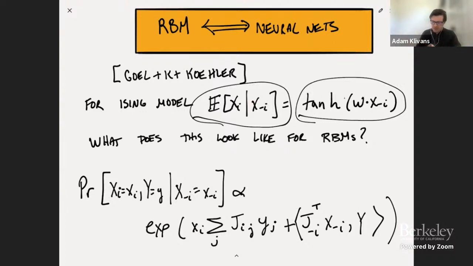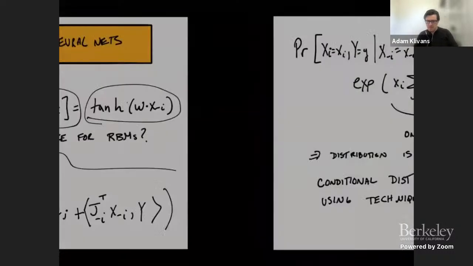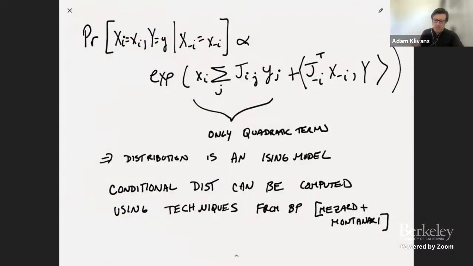And so it turns out that you can start from this formulation of the PDF for an RBM. So this is for general RBMs. This is what it looks like. And if you condition on all of the variables outside of xi, then you'll see that the only quadratic terms that appear in this PDF are right here, xi times one of these yj's.